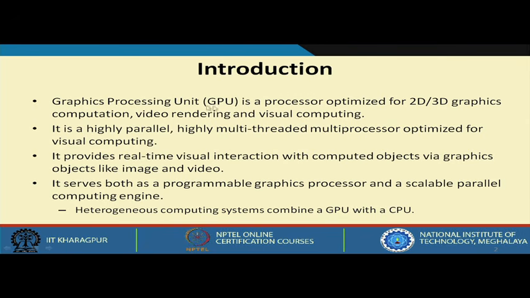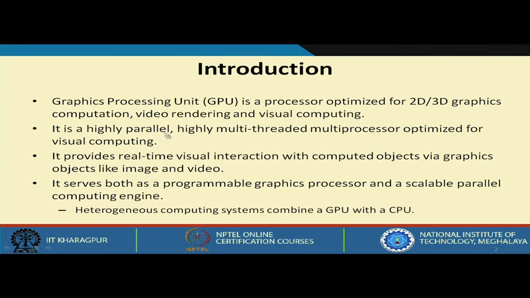So, GPU is a processor which is optimized for graphics computations both in 2 and 3 dimensions. So, these processors have some very specific features which help in video processing, visual computing, etc. Now, essentially a GPU is a highly parallel, highly multi-threaded multiprocessor. So, we talked about parallel processing briefly earlier.